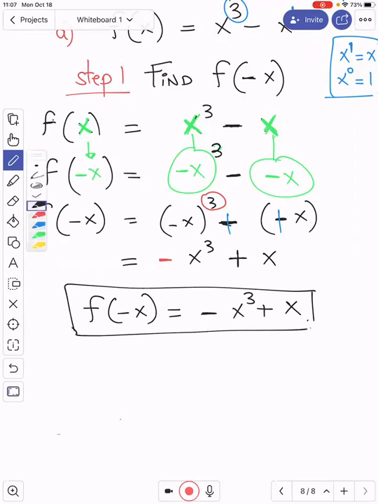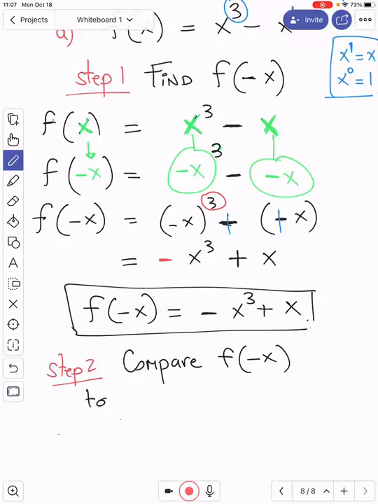Now, in the second step, we need to compare f of minus x to f of x, and to minus f of x. If f of minus x is equal to f of x, then your function is even. And if f of minus x is equal to minus f of x, then your function is odd.